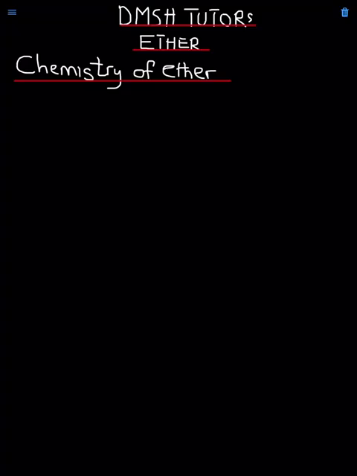Okay. We have two oxygen groups, ether and alcohol. Now when I say alcohol, we mean alkanol. So we have two oxygen groups, ether and alcohol. What do I mean?